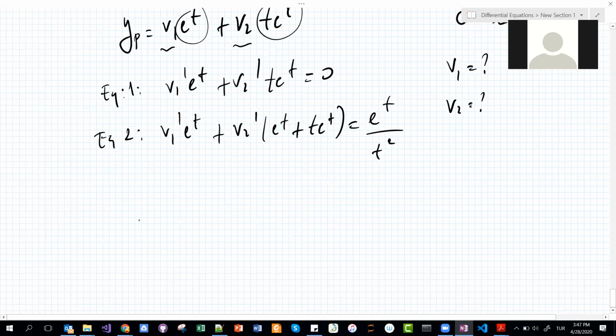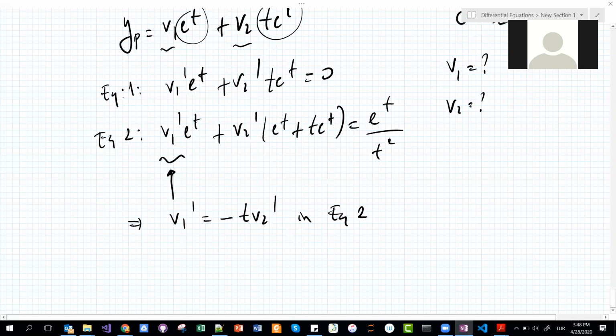From equation 1, if I pull the v1 prime out, that would be equal to negative t v2 prime, since I can cancel the e to the t, if I put the v2 prime term to the other side. If I use this one in equation 2, since I have the v1 prime, look at here.